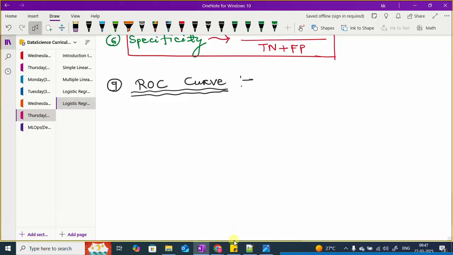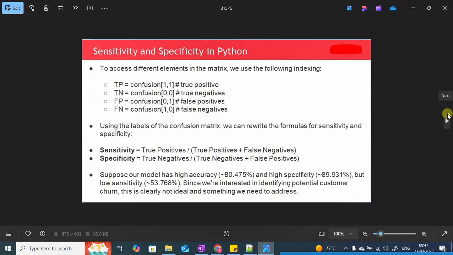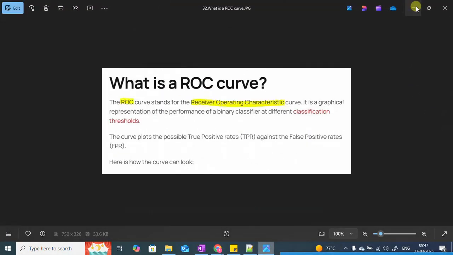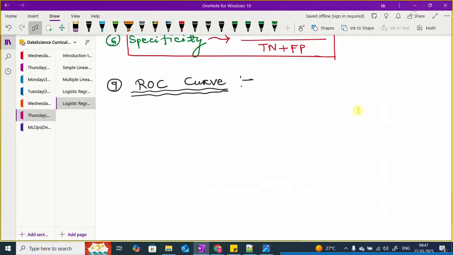Guys, any doubt so far? Before getting into what the ROC curve is, try to understand the full form of ROC.